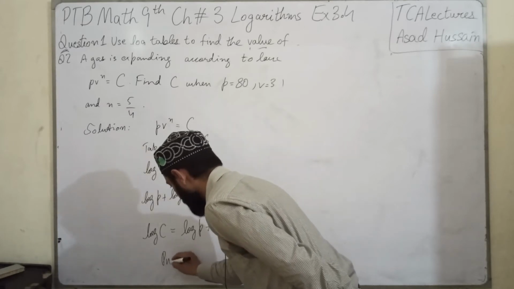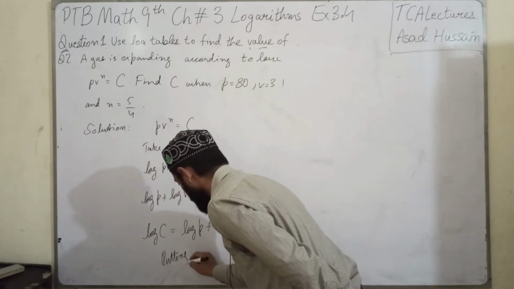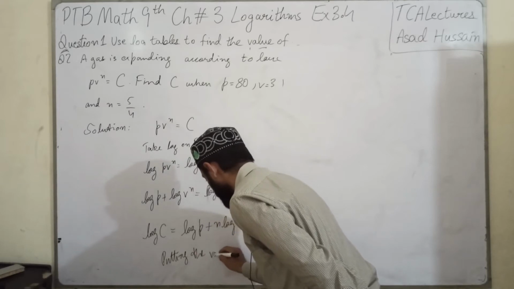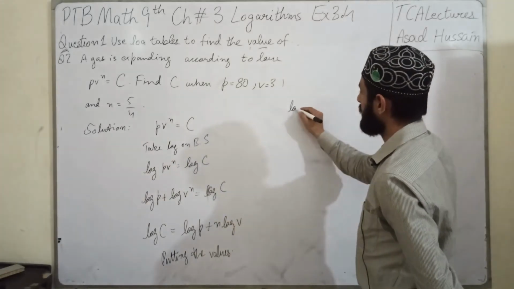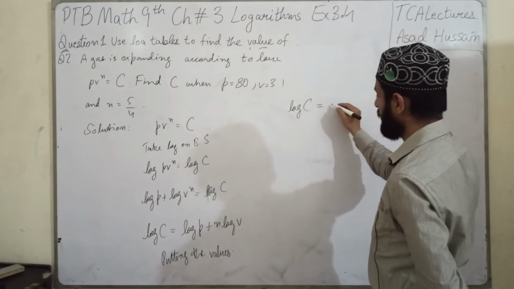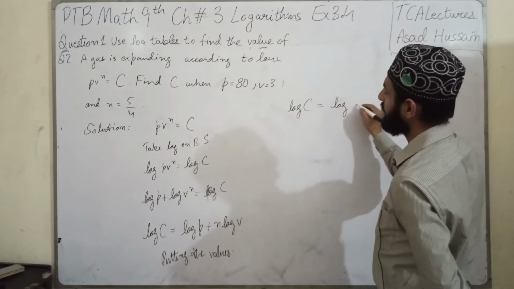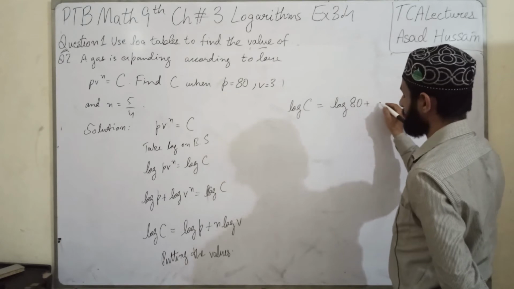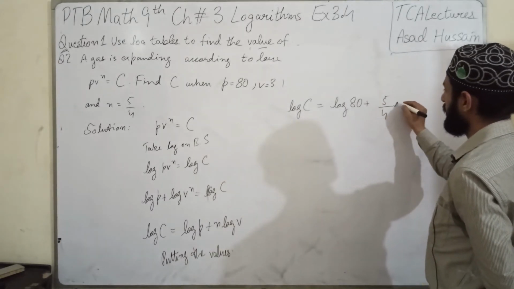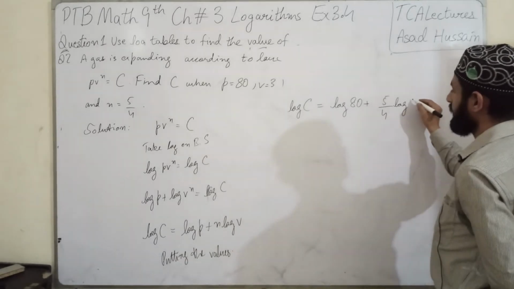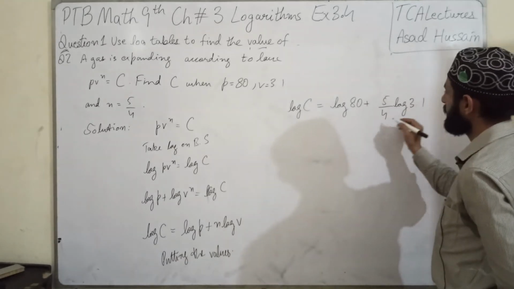Now putting the values, we get log C is equal to log P, which is 80, plus n, which is 5/4, into log V, which is 3.1.